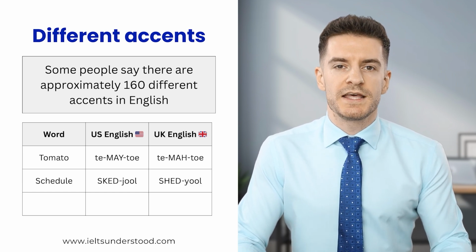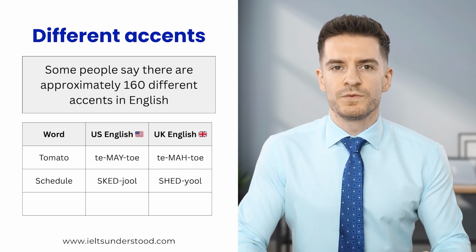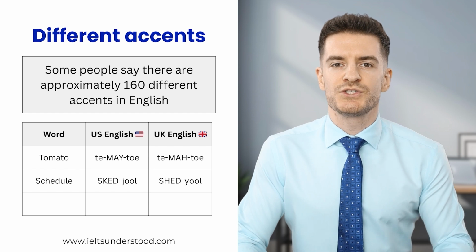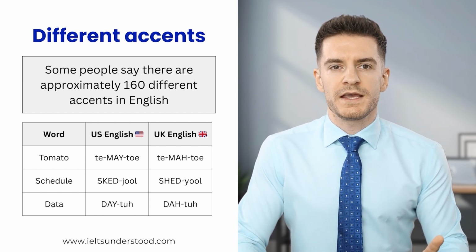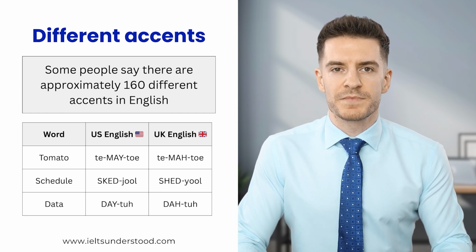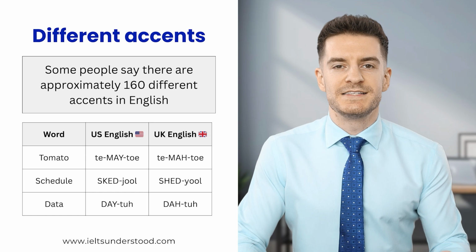Here's the next one. In US English, they would say schedule. However, in UK English, they say schedule. And here's one more. In America or the US, they'd say data. Whereas in the UK and in Australia, we say data.